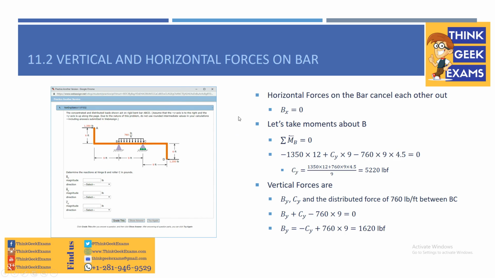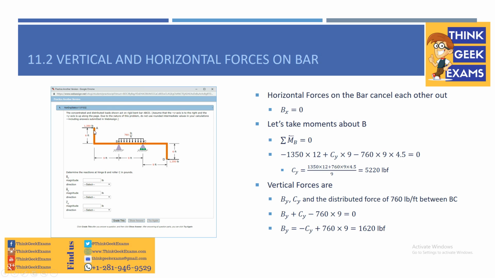Let's account for the vertical and horizontal forces on the bar. The horizontal forces on the bar, so there's a positive force here and a negative force here, and there's no other horizontal force acting on B and C points.